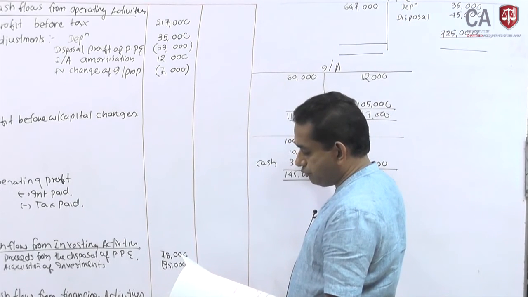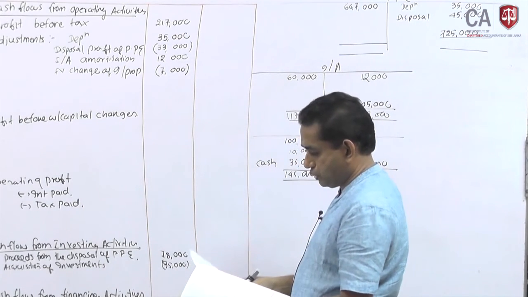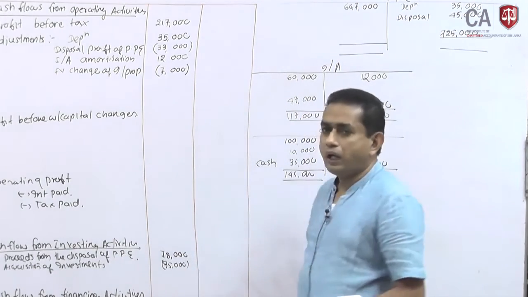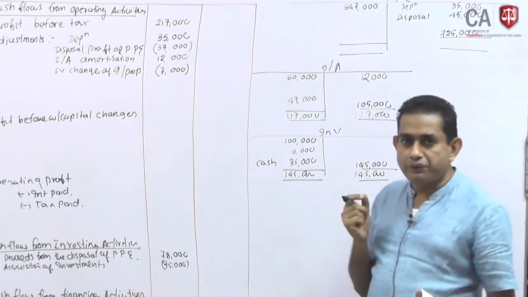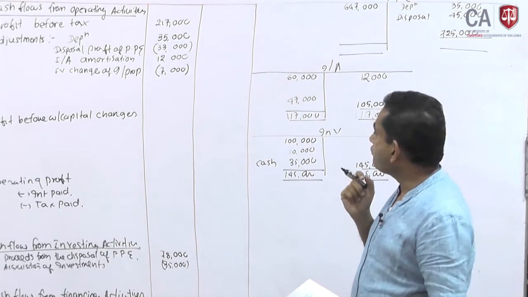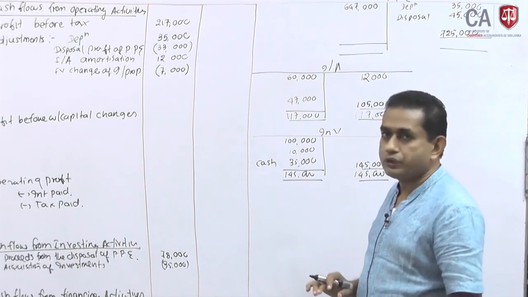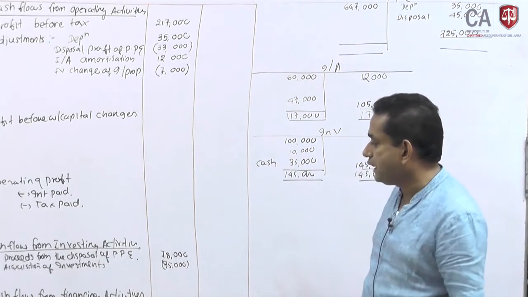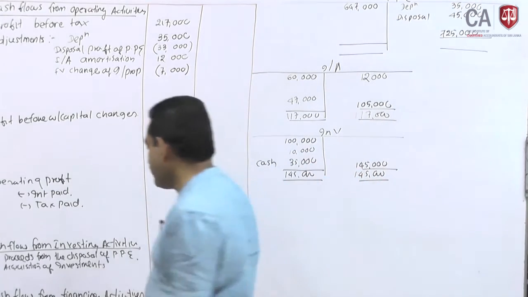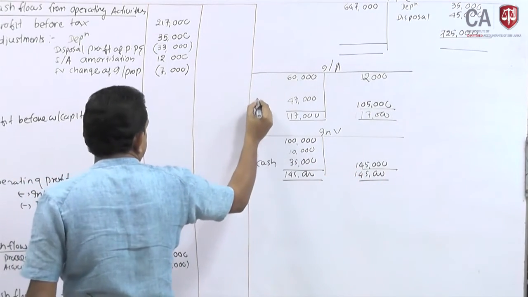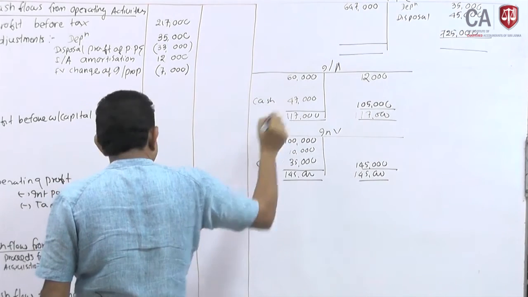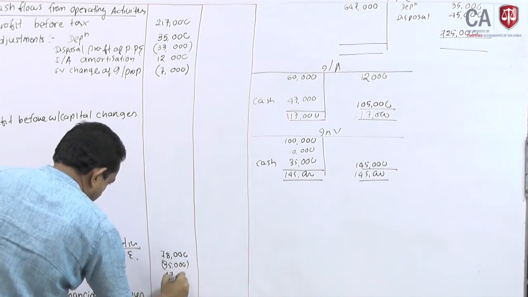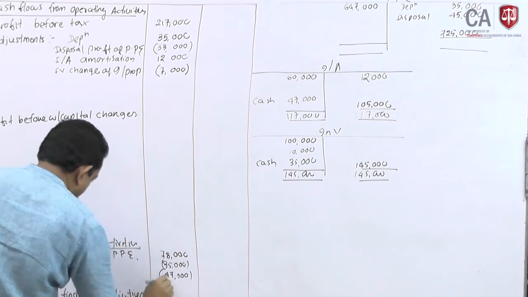Close it, and the balancing figure should be how much? 47,000. In the absence of anything to the contrary, and if the examiner does not say what it is, what we simply assume is that intangibles for a value of 47 would have been acquired for cash during the current year. You would have credited cash by 47, debited intangibles by 47. We will put that also under investing activities in the cash flow statement, a cash outflow.